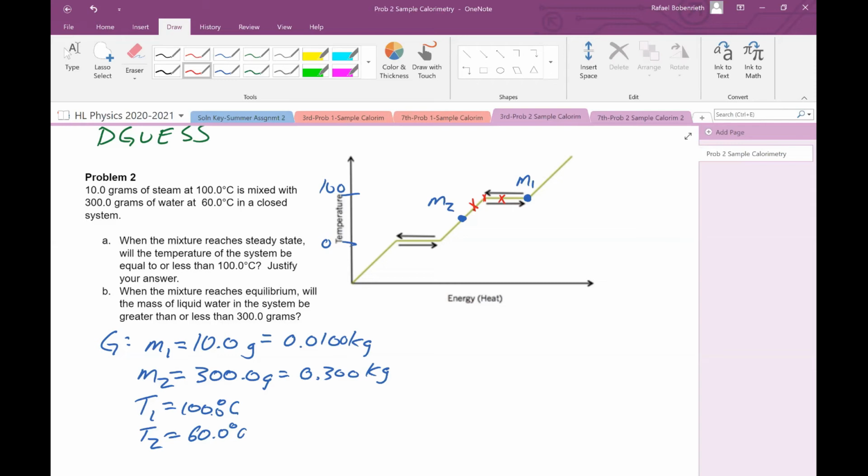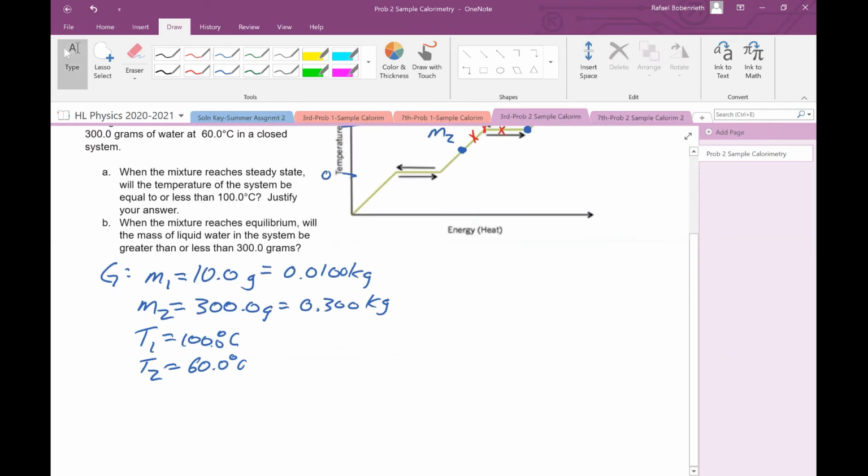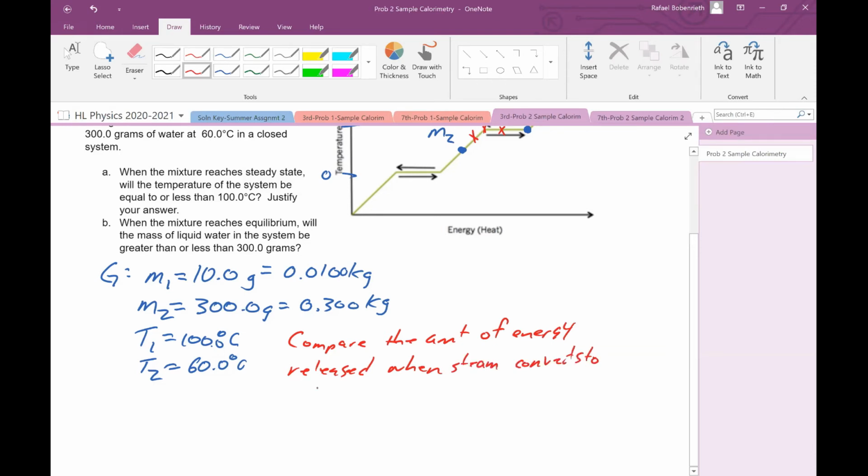So how are we going to figure this out? Well, the first thing we have to figure out is if the mixture will be all liquid or a liquid-steam mix. To do that, we need to compare the amount of energy released when the steam converts to liquid.